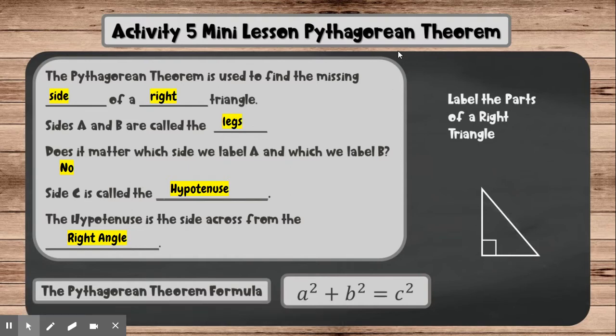And we created the Pythagorean theorem formula, where a squared plus b squared equals c squared. So you see a couple of labels over here. It says label the parts of a right triangle. This is a leg. This is a leg. And then we have the hypotenuse.